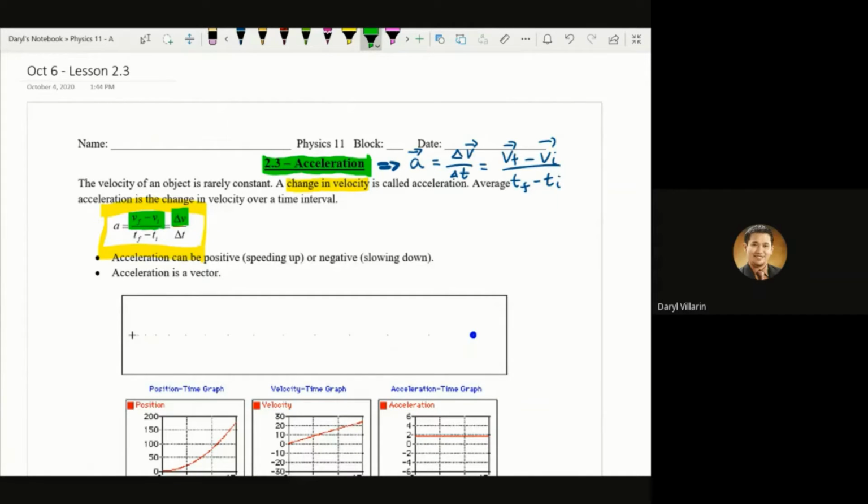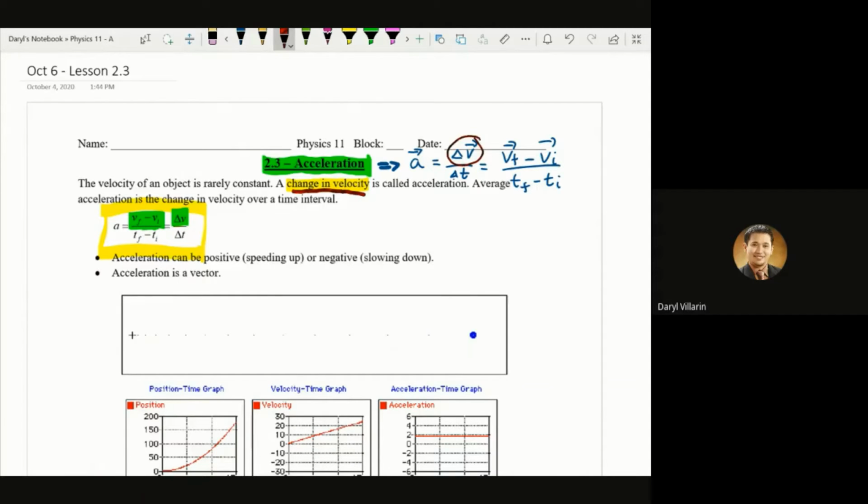I can't emphasize that enough: acceleration is change in velocity all over time. So automatically, if there's no change in velocity, your acceleration is zero. It's a common mistake by students to think of acceleration as just velocity over time, but it should be taken into consideration that you have delta V there as in the definition.